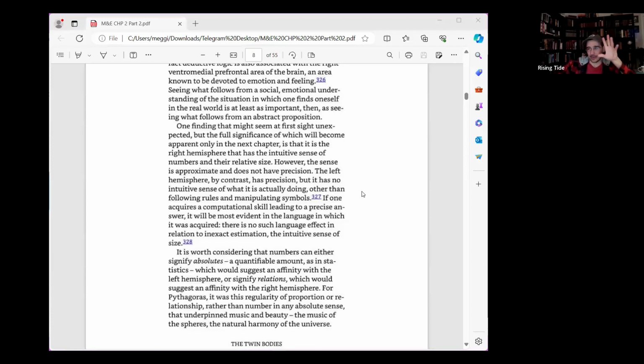And yeah, the idea that we treat number as if it's just one thing, and it's like, no, it could be a thing you count with, and then as he says, that would be more of a left hemispheric thing. But more rightly, number is a reflection of qualities of relationships, and that gives it a different role, which is, I think, more important even than the quantity side of things.